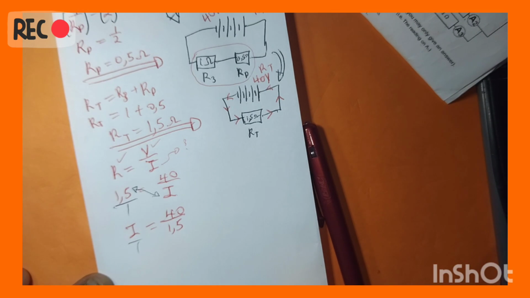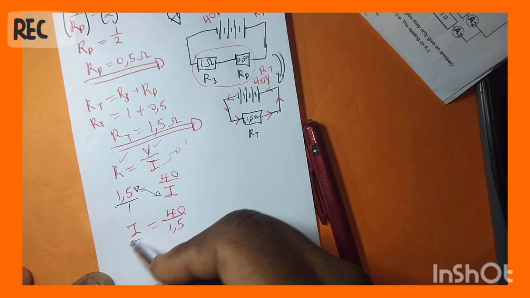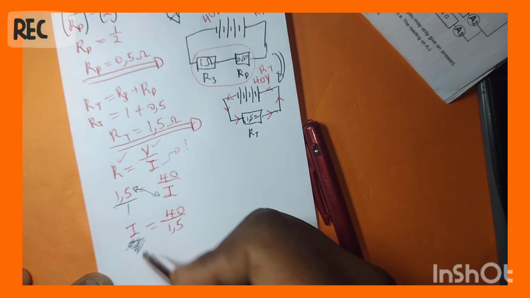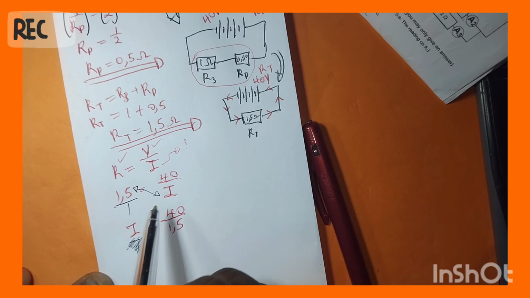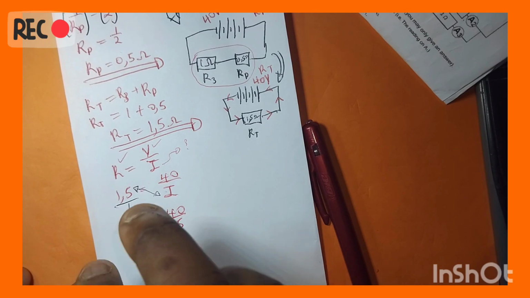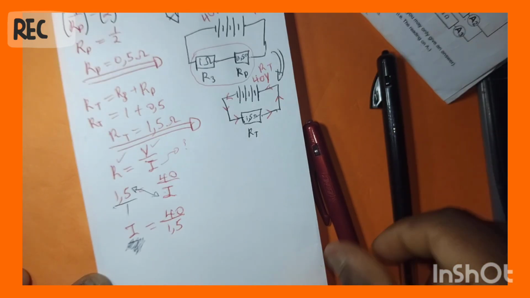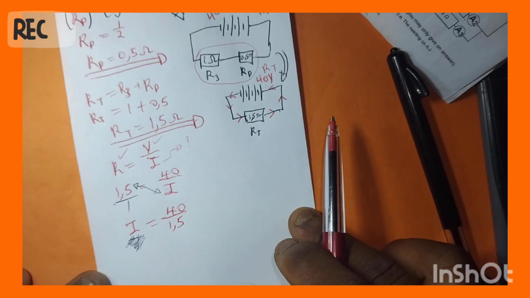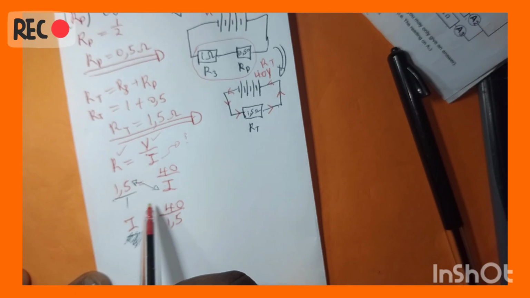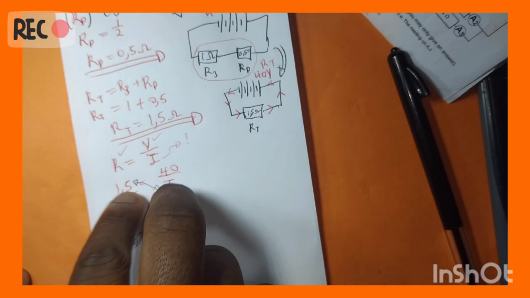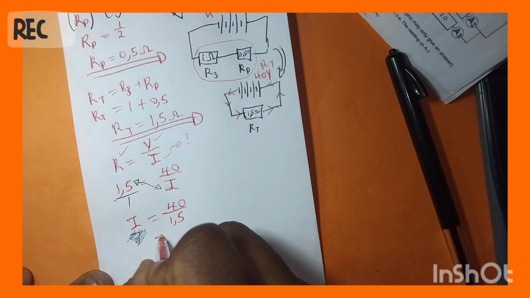A denominator of 1, we don't write it. The only thing you're supposed to do is flip those two things so that you can solve for I. Or you can even cross multiply if you understand cross multiply, but this is still one and the same.